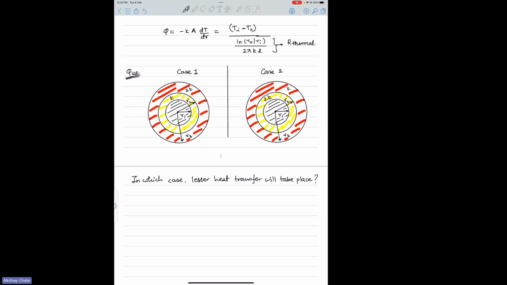There will be some Ti and this will be To. So the Ti and To are the same, so delta T is the same. So only the thermal insulation, which one should we put first and which one should we put second, is the question.